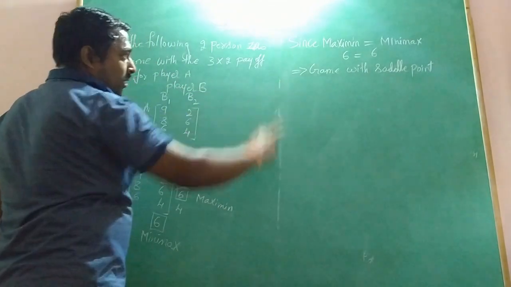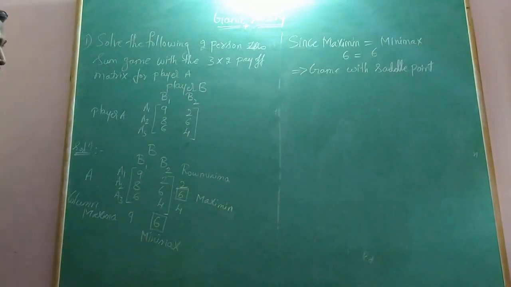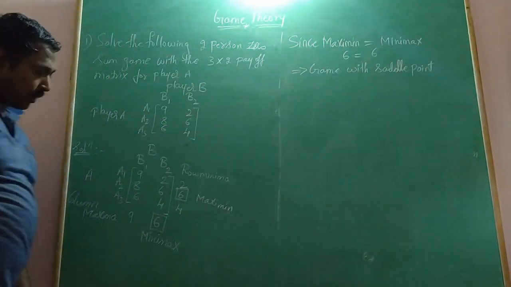Since the maximin and minimax values are equal, that indicates a game with a saddle point.